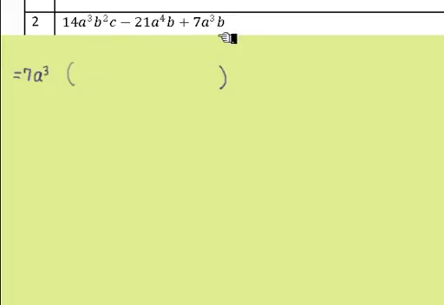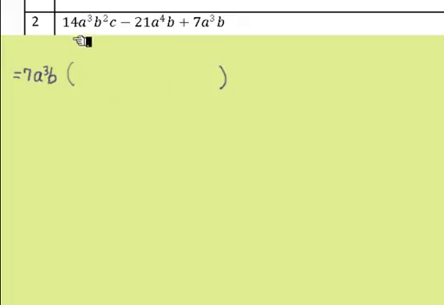Just pull out the smallest power. Now the powers of b, we have b squared, b, and b. So pull out b, the smallest one, and c only appears in the first term and not in the others, so we can't pull out a c.